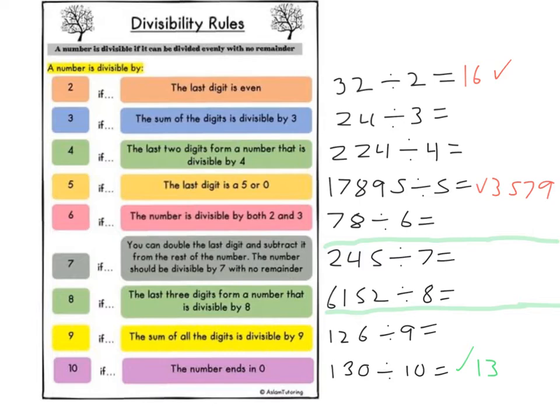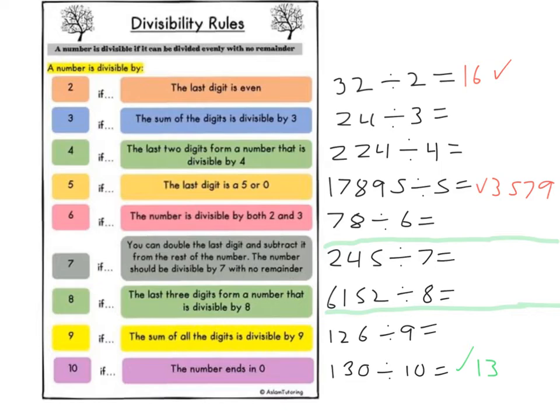Okay, we've looked at the 2s, the 5s, and the 10s. Those are the ones you're probably already familiar with. So let's jump now to the 3s. We know a number is divisible by 3 if the sum of the digits is divisible by 3. So remember, the sum is the answer to an adding problem. So if we add up the digits and that sum is divisible by 3, then we're good.